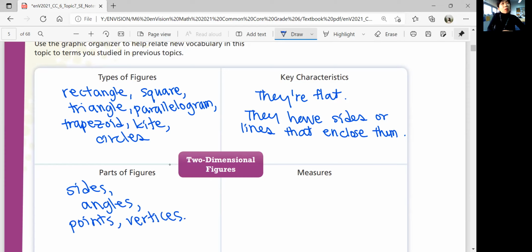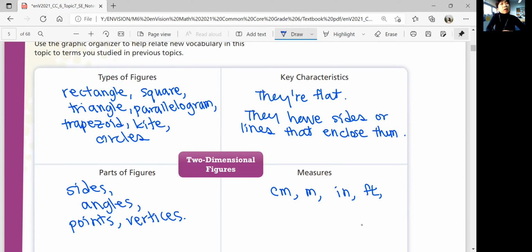Okay. What are some measures that we have? We can have centimeters, meters, inches, feet. Okay.